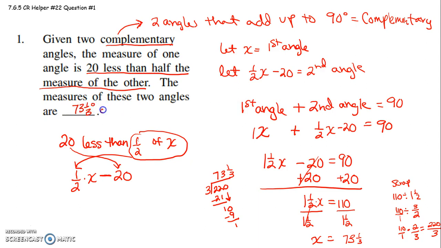73 1/3 degrees. And now we have to do 90 minus 73 1/3. So 90 minus 73. I don't have a calculator in front of me. Hopefully you've just picked up your calculator at this point and worked this out. 90 minus 73 is 17, so it's 16 2/3.